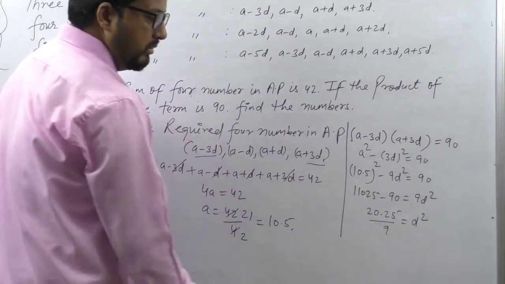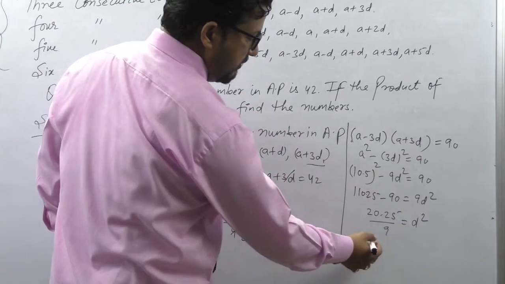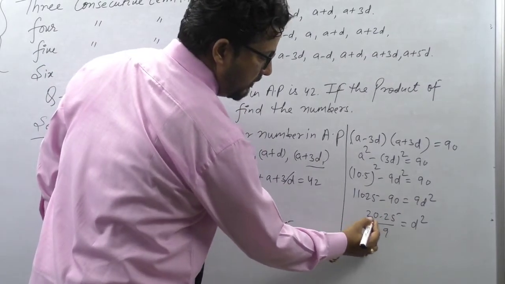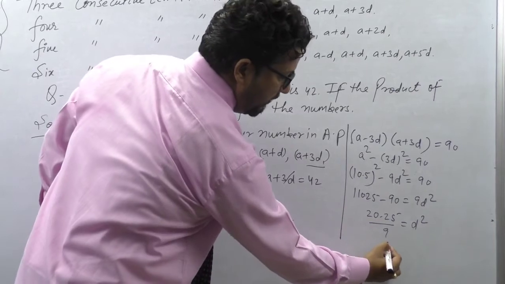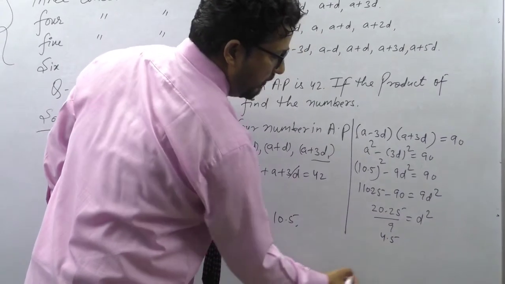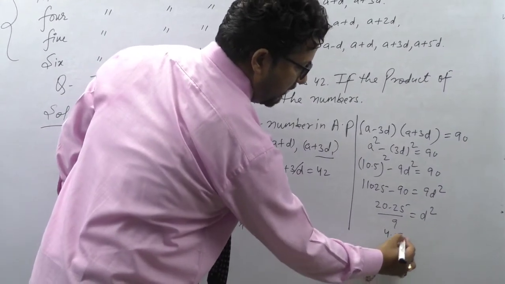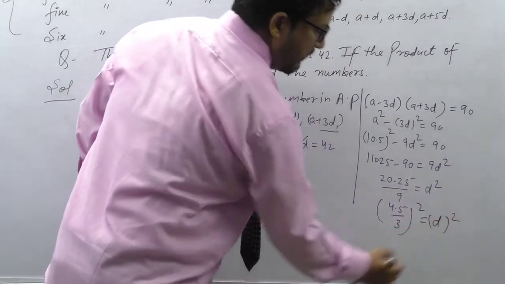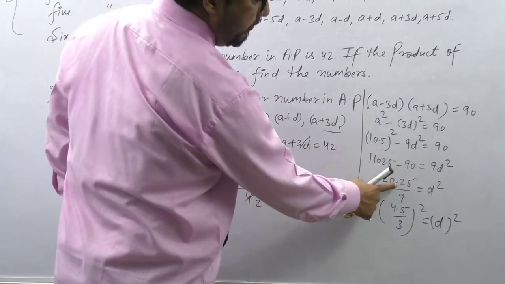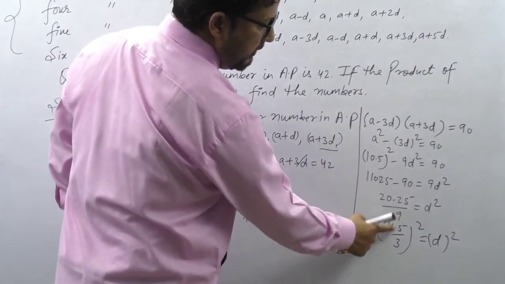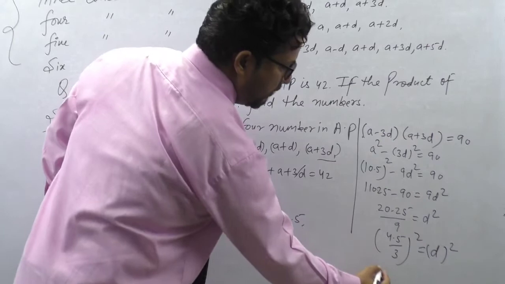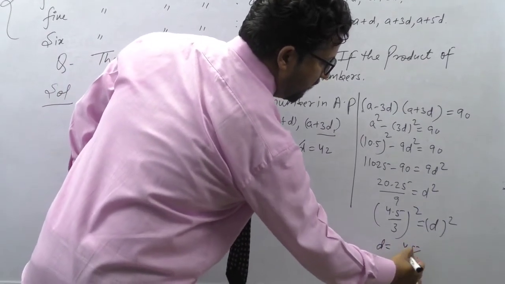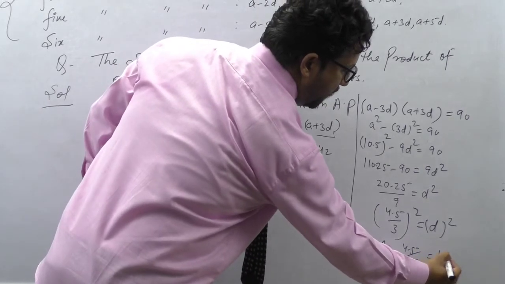We can easily do this by factoring: 20.25 is the square of 4.5 and 9 is the square of 3. So from here we get the d value as 4.5 upon 3, which is 1.5.